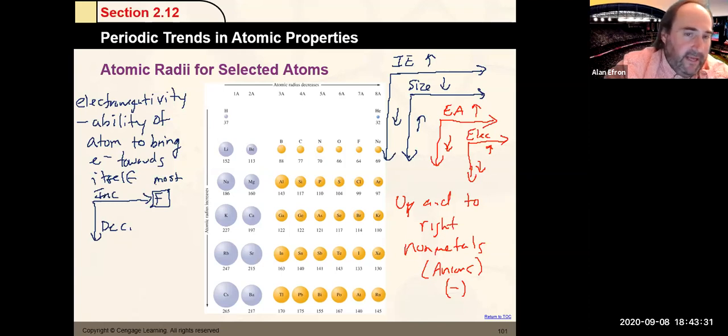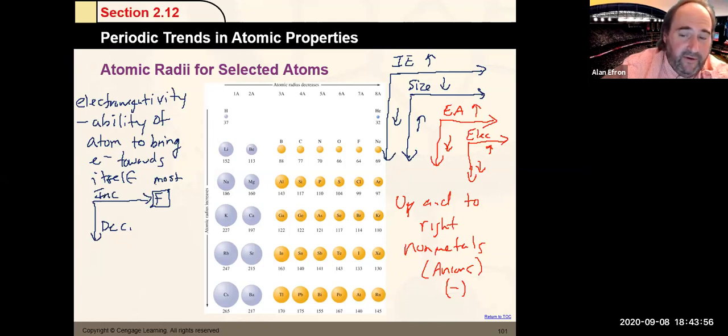When you go left and down on the periodic table, the size of the atom is larger, which means the furthest out electrons are not going to be held as tightly, so they have low ionization energy, which means it doesn't take a lot of convincing to allow them to lose electrons. In addition, they have very low electron affinity, which means they're not really looking to gain electrons.